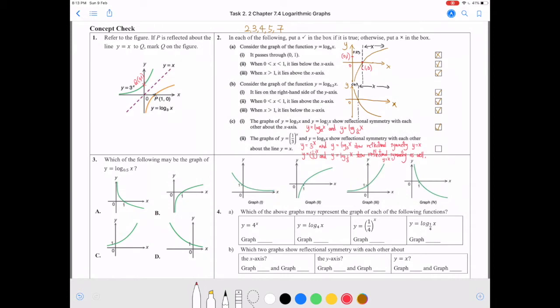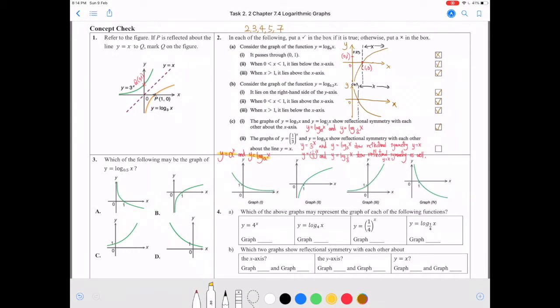For these two functions, y equals a to the power of x and y equals log base a of x, since they are inverses of each other, they will show reflectional symmetry about the line y equals x.